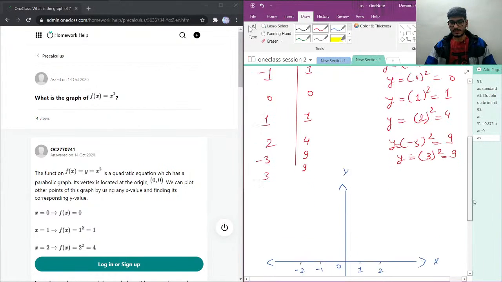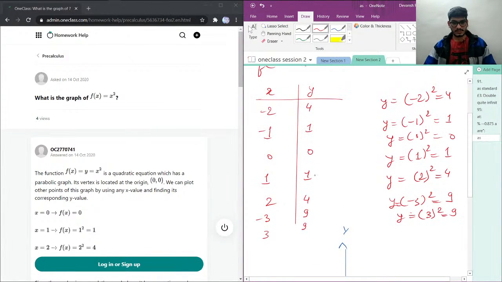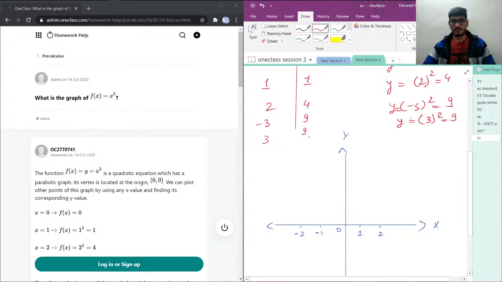And for y we had from 0 to 9, and we have only positive values. So 0, let's say 1, 2, 3, 4, 5, 6, 7, 8, 9. So I will mark for 1, then 2, 3, 4.